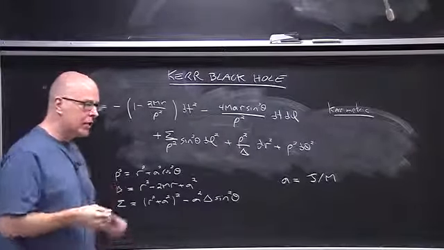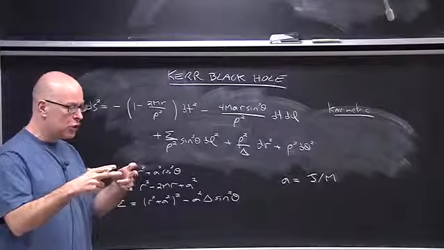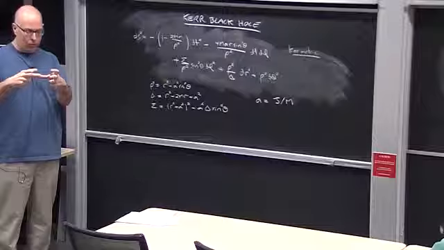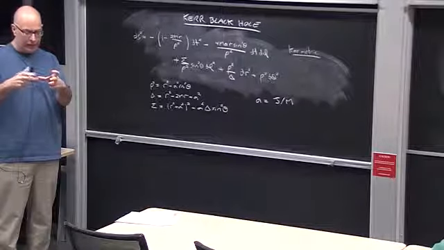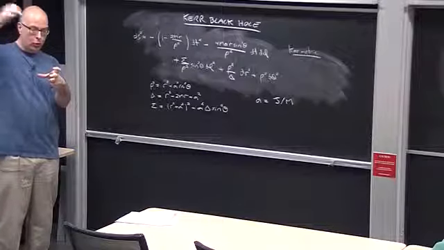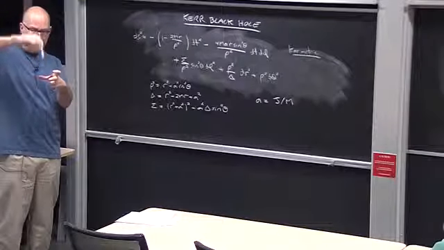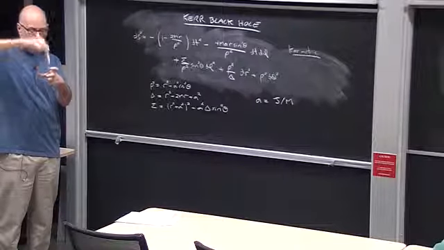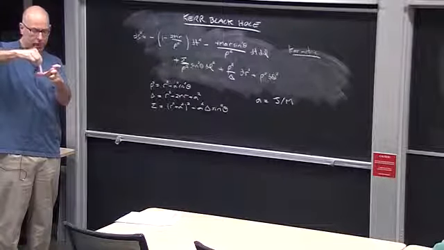In fact, I might as well tell you now, the singularity is shaped like a ring. In the Kerr black hole, the singularity is shaped like a ring. So if you approach the ring from the equatorial plane, you hit it. If you go through the ring by going along the axis, well, you can avoid it unless you approach it head on like this.